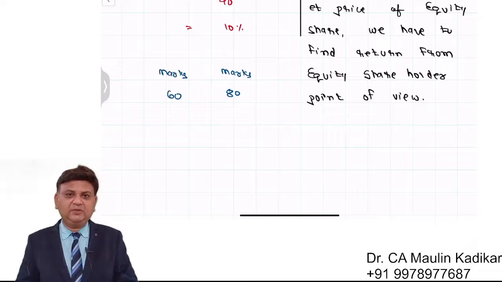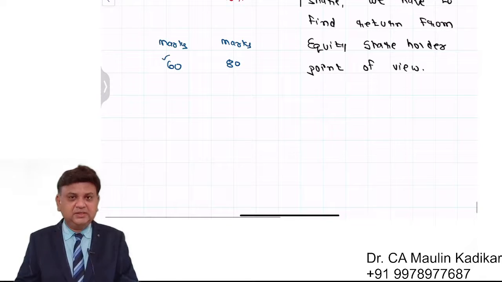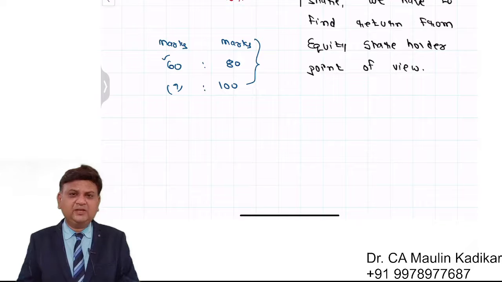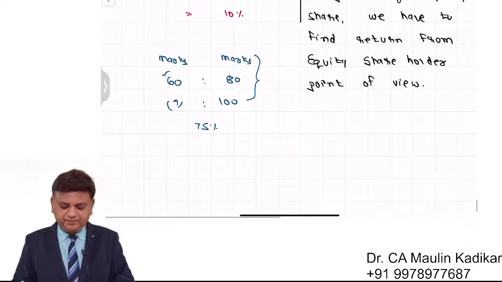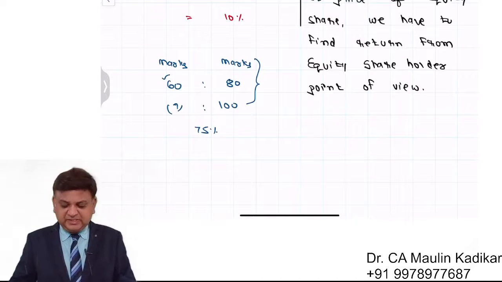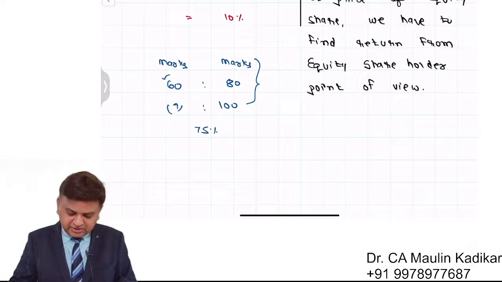Then you may say that I got 60 marks, or 60 out of 80. Then for every 100 it is how much? You convert that into percentage term, it is 75 percent. So what is your result? Either it is 60 marks or it is 75 percent. This is what we understand.